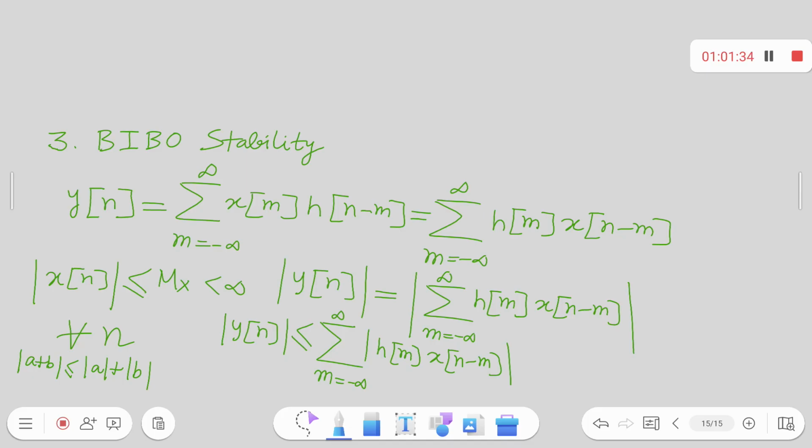And then let's take another lemma: mod of ab is equal to mod a into mod b. So this is less than or equal to the summation, m going from minus to plus infinity, of mod h of m, mod x of n minus m.